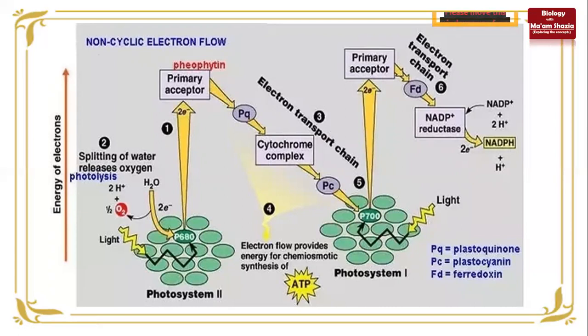Both of them have no direct role in the process of photosynthesis, and both are acting as accessory pigments. The accessory pigments transfer the energy that they have absorbed from the sunlight to the reaction center. The same is the case here: photosystem 1 has the reaction center, and it also has the antenna complexes, right?